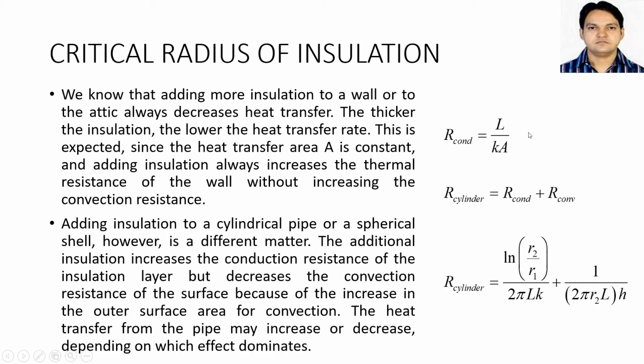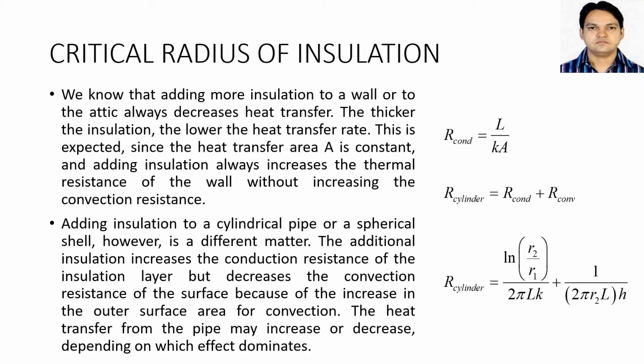It depends on three parameters: area, conductivity, and the length or thickness of your insulation. So as your insulation thickness increases, assuming constant area and conductivity, your conduction resistance increases, and as your conduction resistance increases, your heat transfer rate decreases.